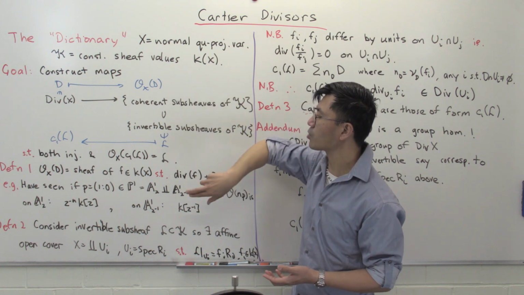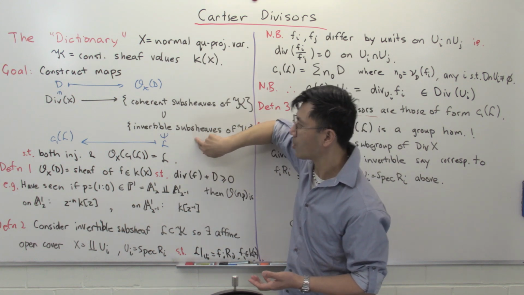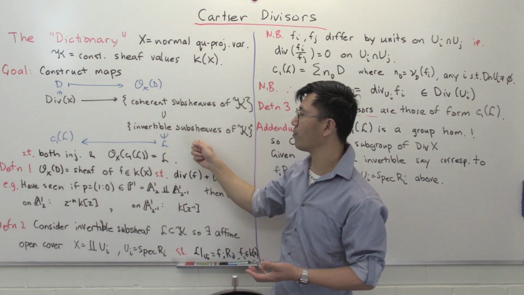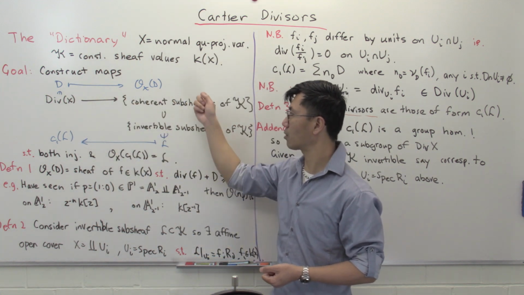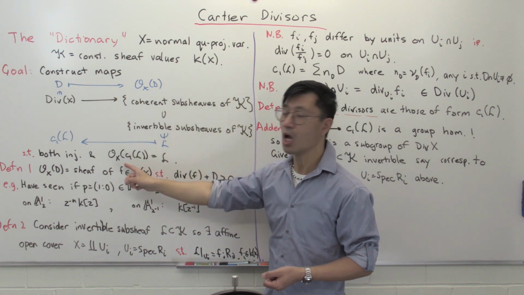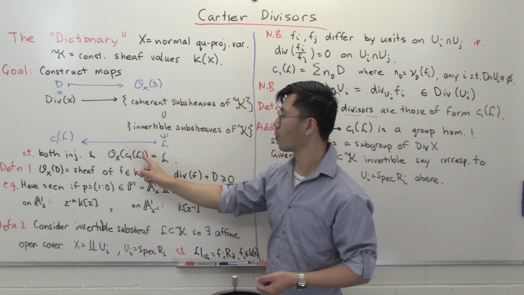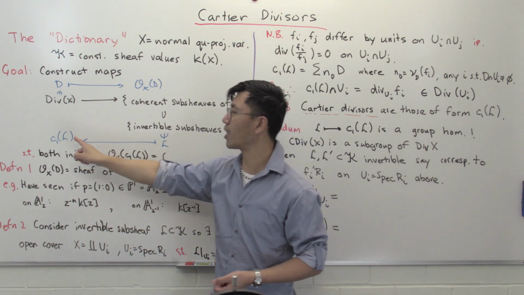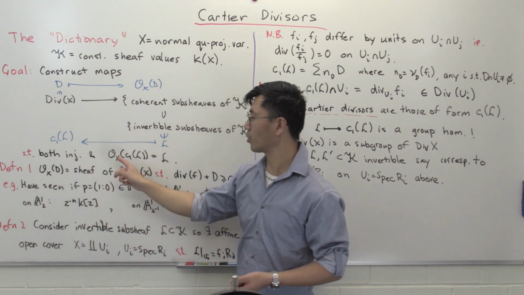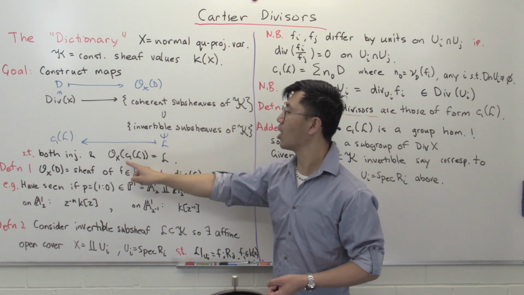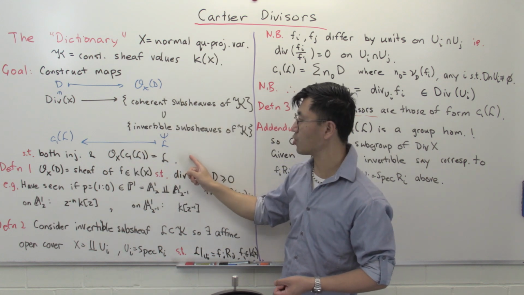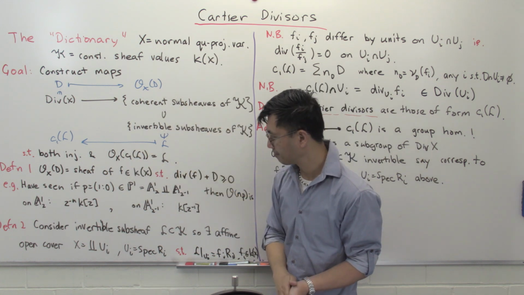And if you start with an invertible subsheaf of K, look at its divisor and then construct the corresponding coherent subsheaf of K, you get back to where you started. In other words, if you have L, you look at its first Chern class, that divisor, and look at O_X of it, you get back the original invertible subsheaf L.